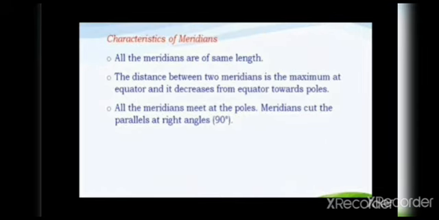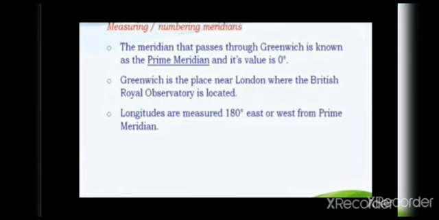Characteristics of meridians. All the meridians are of the same length. The distance between two meridians is the maximum at the equator and it decreases from the equator towards the poles. All the meridians meet at the poles. Meridians cut the parallels at right angles, 90 degrees. Measuring and numbering meridians.